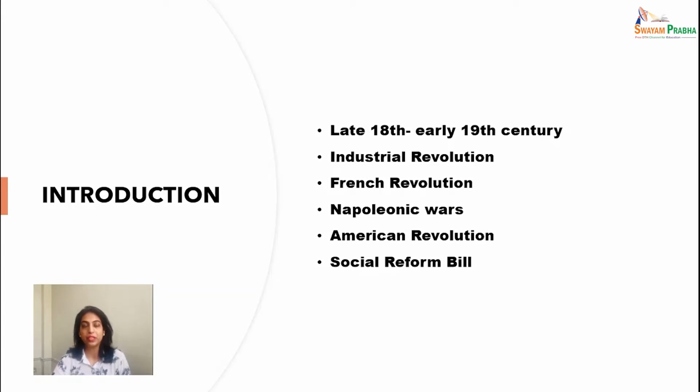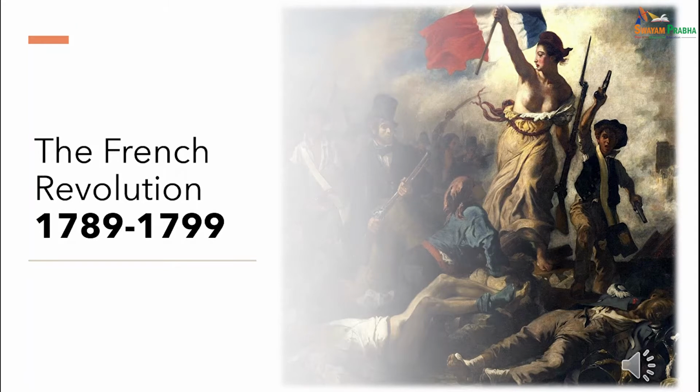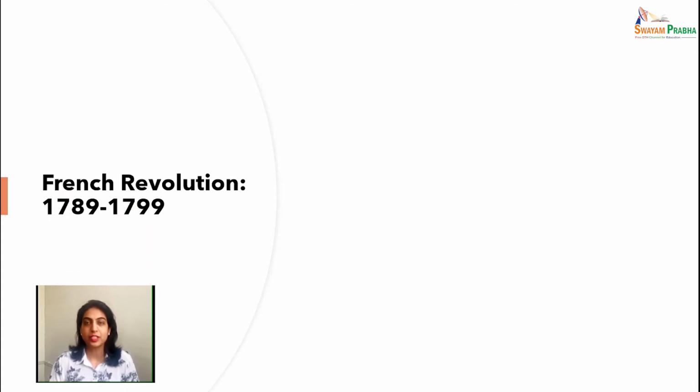So before we begin with Romanticism, let us take a brief look at the French Revolution to understand its fundamentals. The French Revolution started in 1789 and continued till 1799.